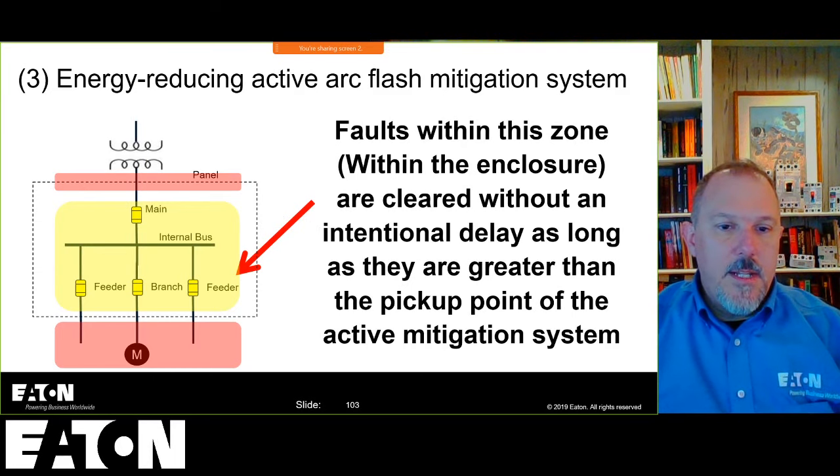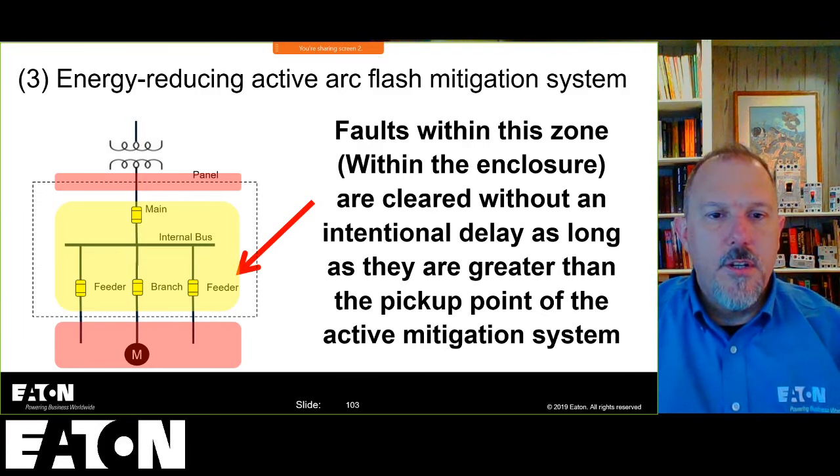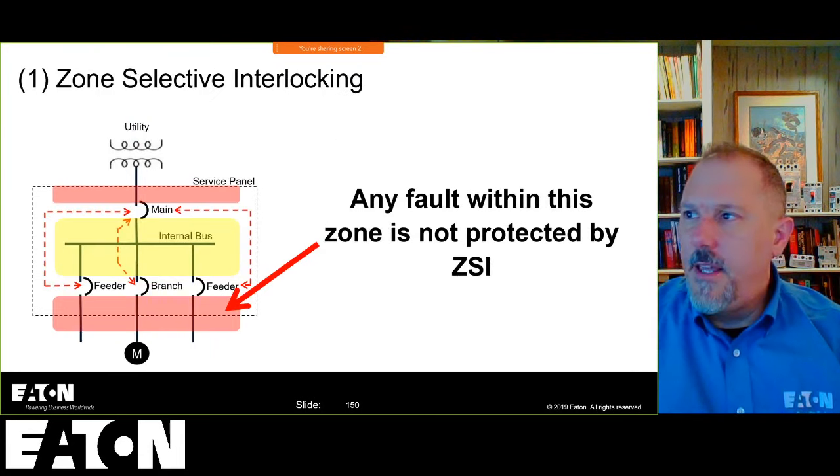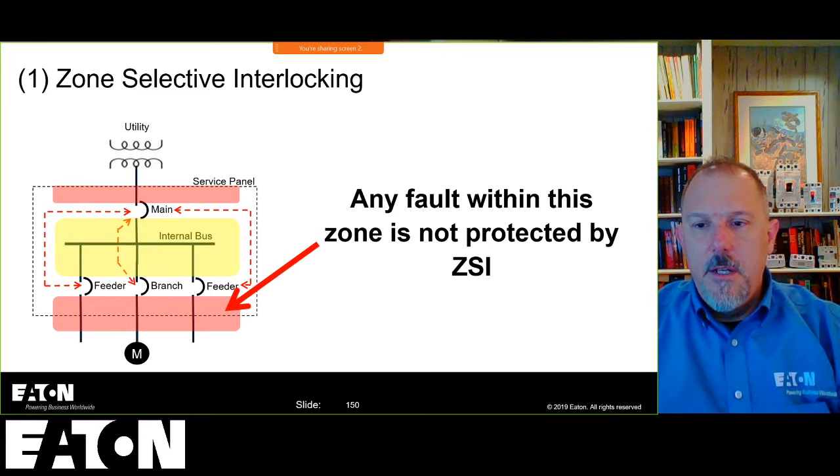All right, so let's take a look real quick at our circuit breaker technologies. Zone selective interlocking is one of the options in 240.87 that will permit me to use arc reduction technology.